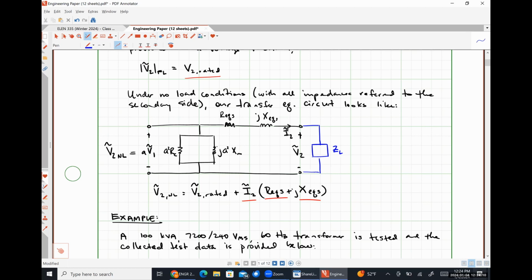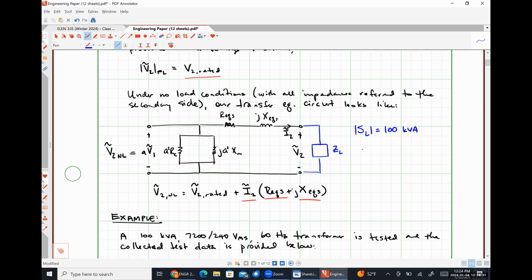So since we're under full load conditions, we know that our impedance is absorbing an apparent power of 100 kVA, because that's what we're rated for, right?